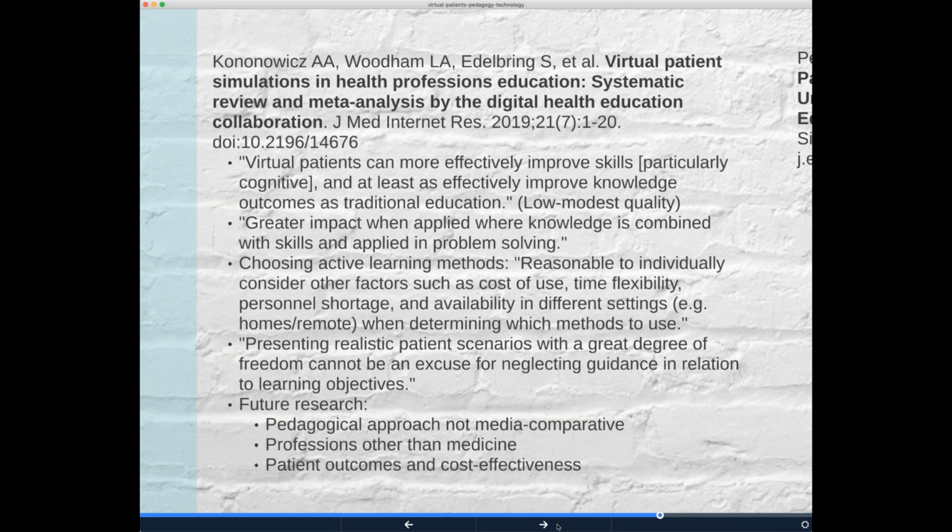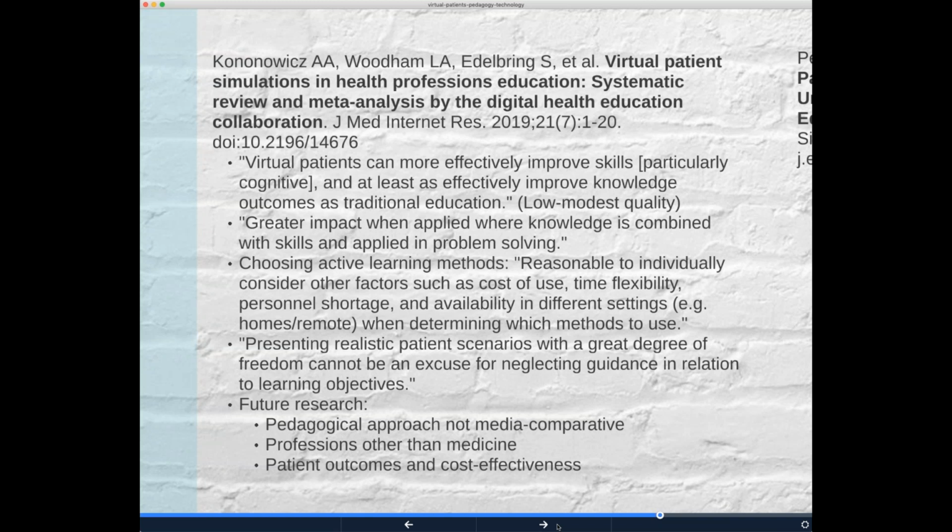And when it comes to knowledge outcomes, so lower level on Kirkpatrick knowledge outcomes, they're at least as effective as traditional education. Authors noted, however, that in many cases, the quality and the rigor of the research behind that is of low to modest quality.